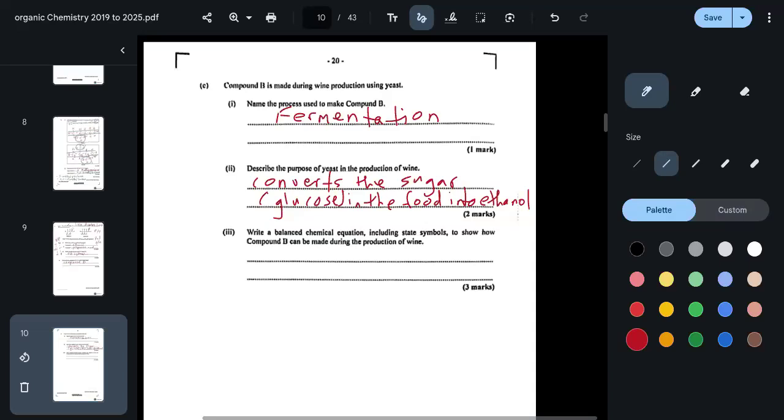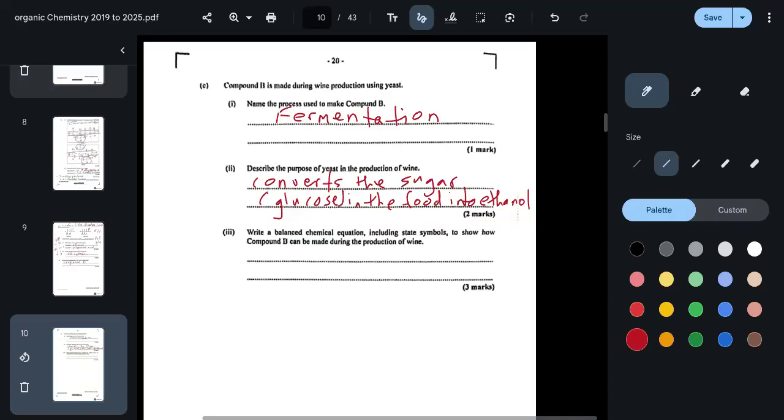As you know, the yeast is a microorganism. And then it asks for the equation. So remember, we're converting glucose into ethanol. This, by the way, if you do bio, you should know this, right? Bio people, you do this in biology, right?